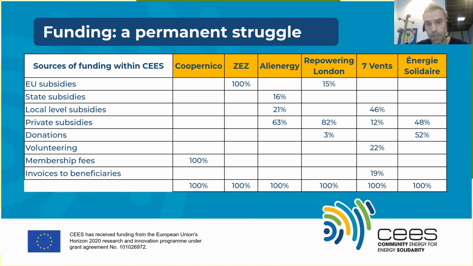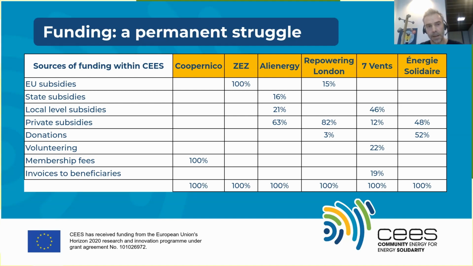Then we have Ali Energy, Repowering London, and Les Sept-Vents. Ali Energy and Repowering London are both in the UK, Ali Energy being in Scotland, and Les Sept-Vents being in France. So these 3 cooperatives have a much more complex economic model based on different sources of funding that combined manage to implement their programs.